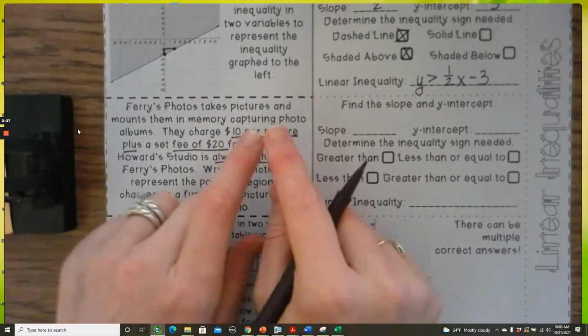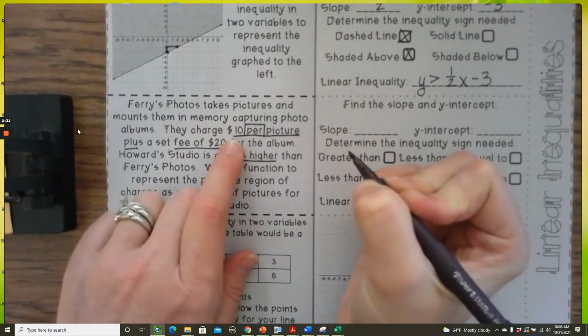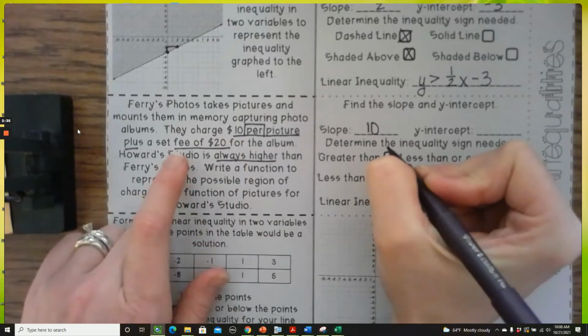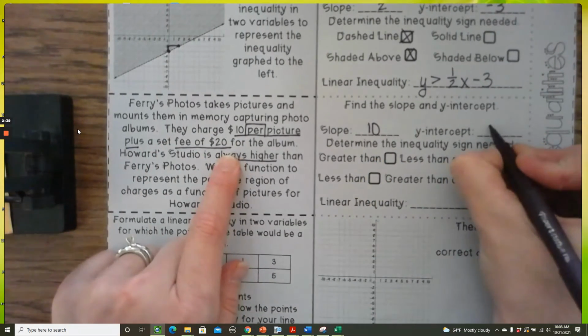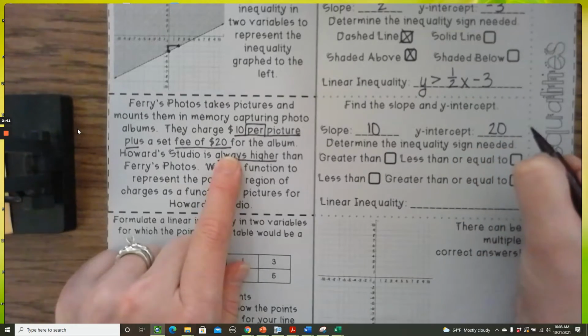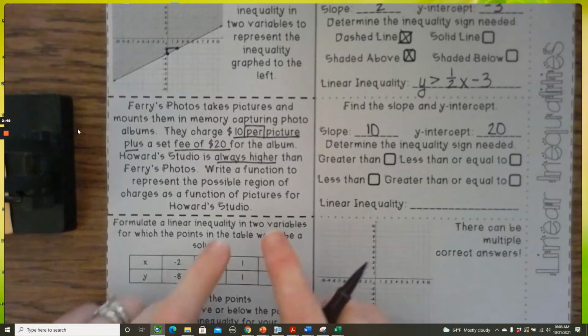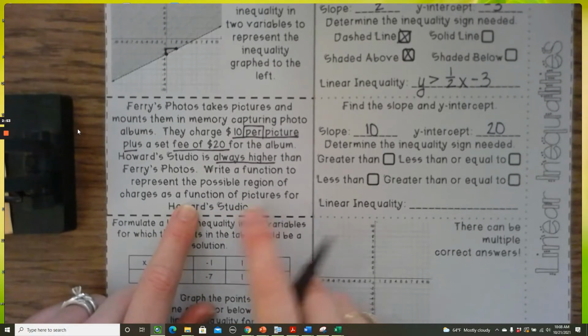So here's what we know. We know per is a slope word. So we know our slope is going to be 10, okay? That means where it says plus a fee, that $20 is our y-intercept, okay? So now how are we writing this function? Write a function to represent the possible region of charges as a function of pictures for Howard Studio.